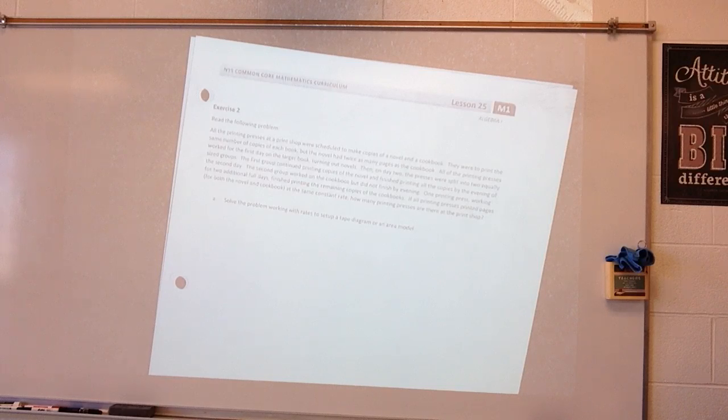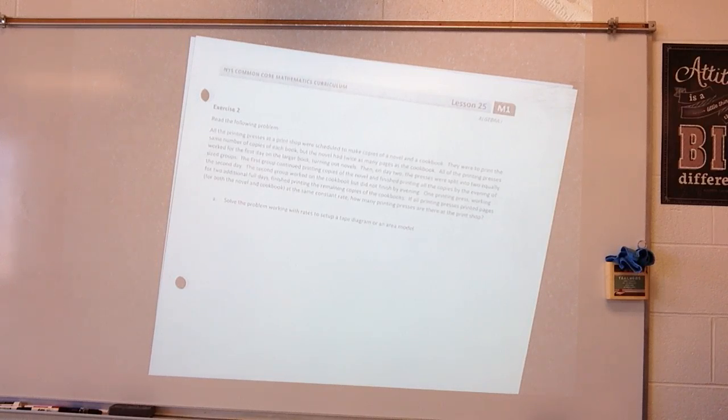How many printing presses are used to print the remainder of the cookbooks on the third and fourth days? One. How many printing presses could be used to print the remainder of the cookbooks in one day instead of two? Two printing presses could have finished the cookbooks on the third day. So what are we trying to find in this problem? We are trying to find the number of printing presses at the print shop.